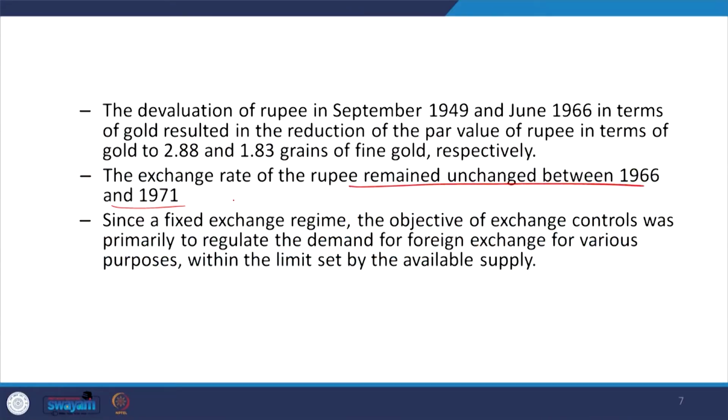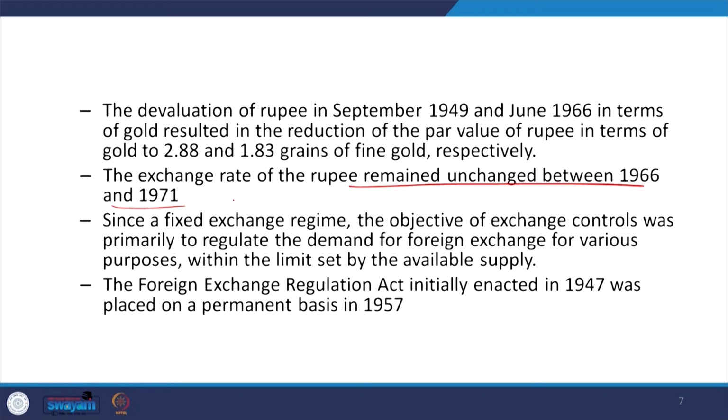Now, since a fixed exchange rate regime was followed from 1966 till 1971, the objective of exchange control was primarily to regulate the demand for foreign exchange for various purposes within the limits set by the available supply. The Foreign Exchange Regulation Act was initially enacted in 1947.